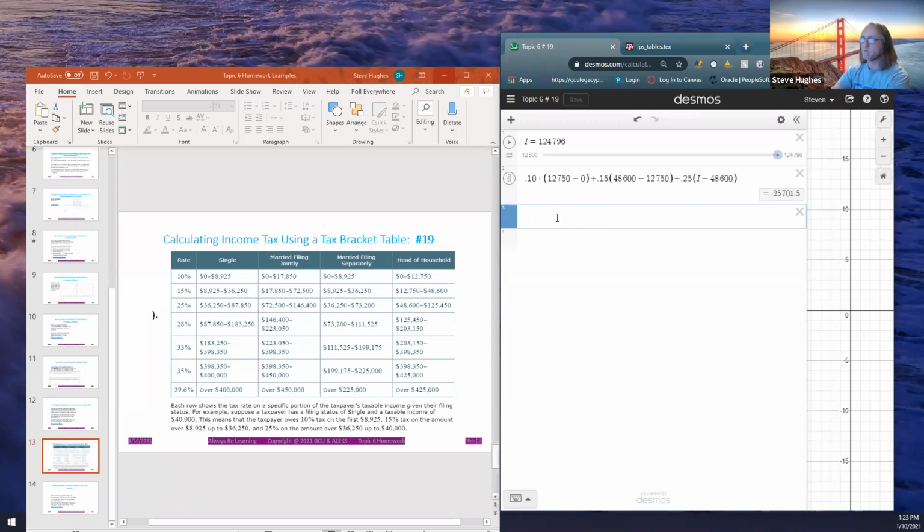If this individual were single, watch what I'm going to do. I'm going to copy this. This makes some easy work for me. I just have to change a few numbers here. So let's scroll back down through here. 10% times what? If this person is single, it's 8,925.